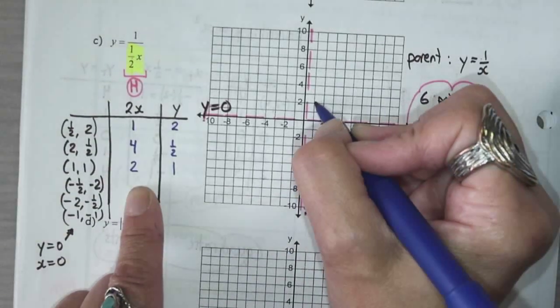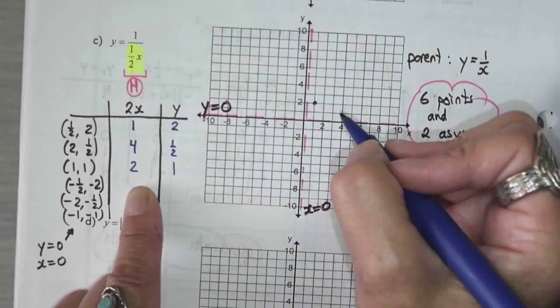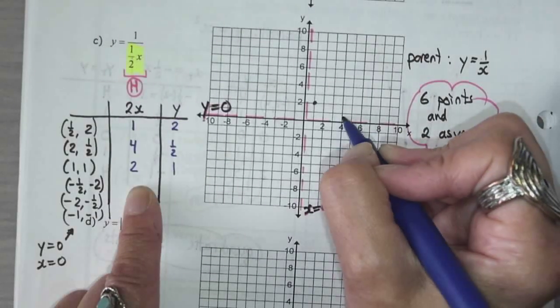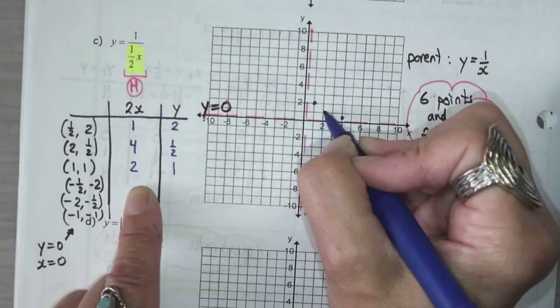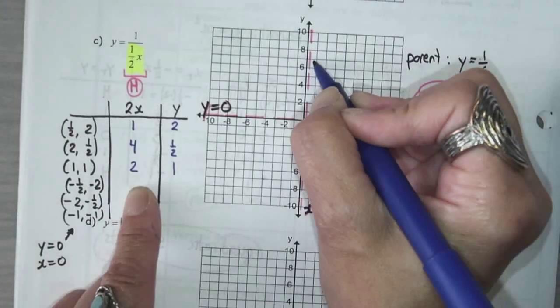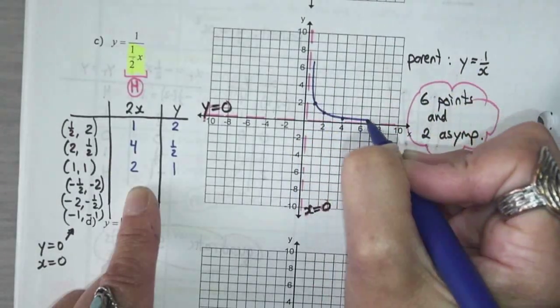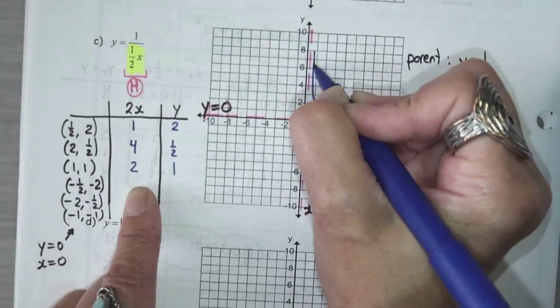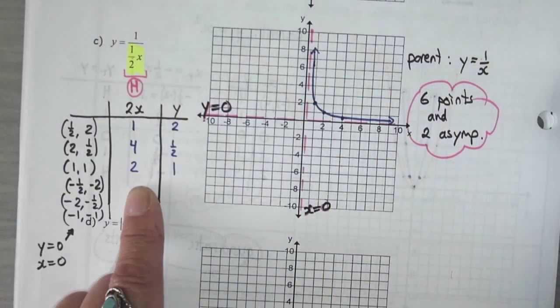So I know at 1, it's at 2. At 4, it's at 1/2. And at 2, it's at 1. And look what happens. So we get the same graph, but it is stretched horizontally a little bit wider. Just looks like it's been pulled horizontally a little.